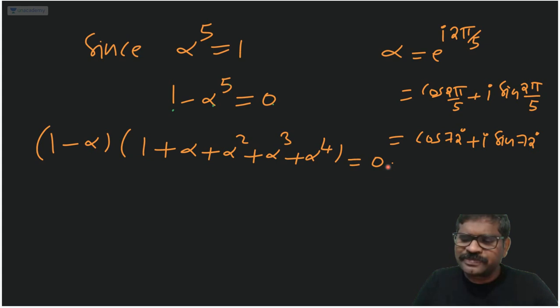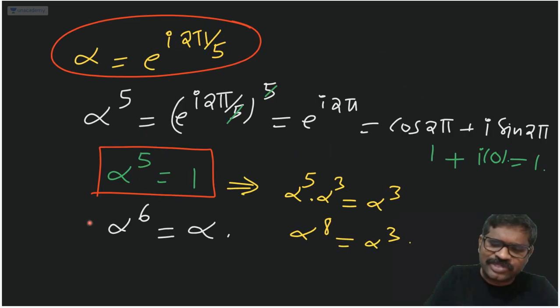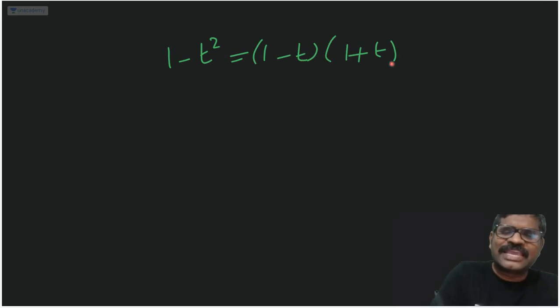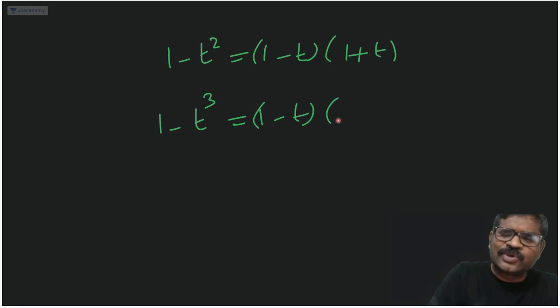Any doubt? 1 minus alpha power 5 is nothing but 1 minus alpha into 1 plus alpha square plus alpha cube plus alpha power 4. Recall the a square minus b square formula: 1 minus t square equals 1 minus t into 1 plus t. 1 minus t cube equals 1 minus t into 1 plus t plus t square.